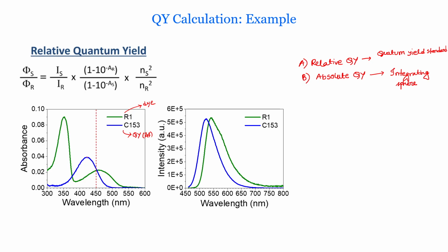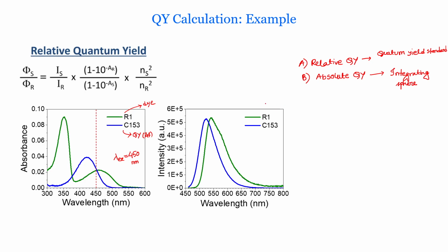The maxima is actually at 425, but in this case we are going to excite our sample and our reference with 445 nanometer light, and by doing that we got the C153 emission spectra, and this is our sample emission spectra, as you can see.